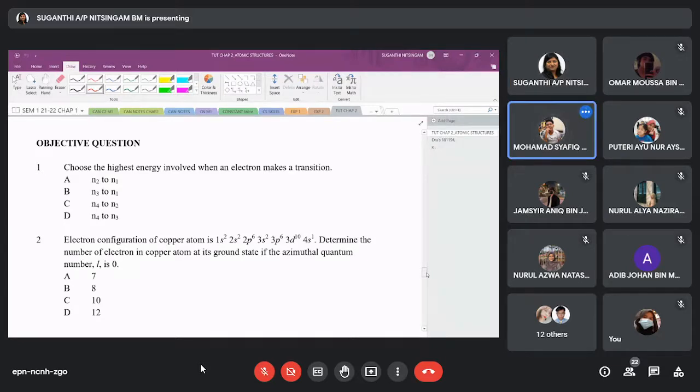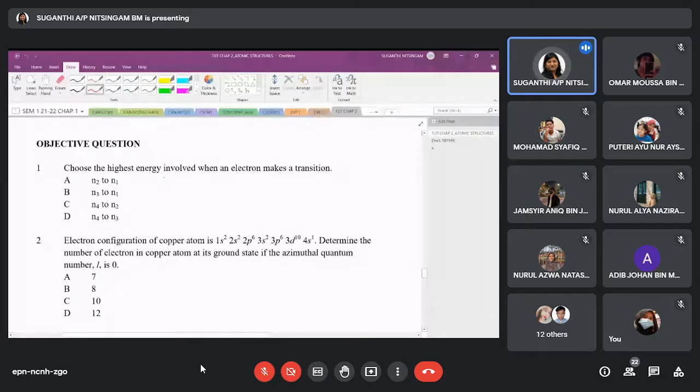And B, your answer is B. You said B, 3 to 1, because the others go like N2 to N1, the difference is 1, then N4 to N2 the difference is 2. So you must remember this, and if you are confused, please look it up.